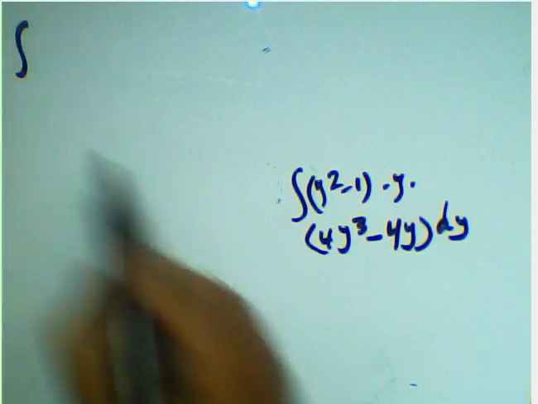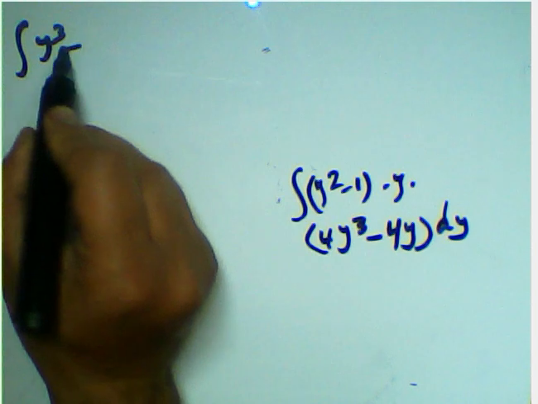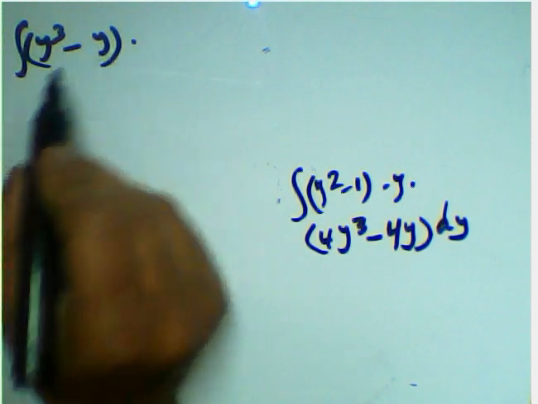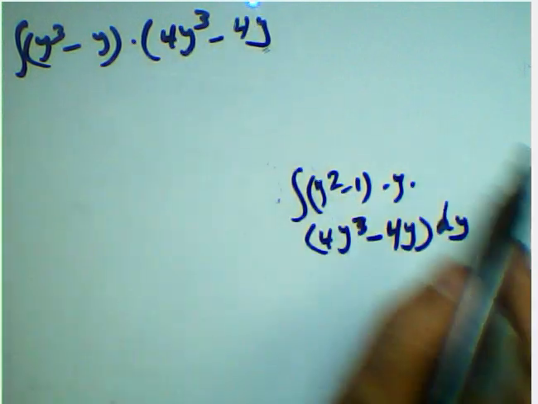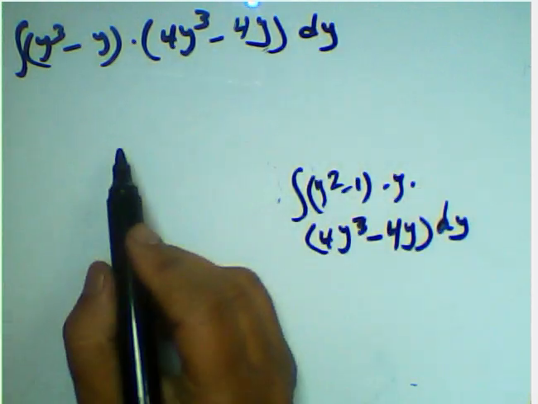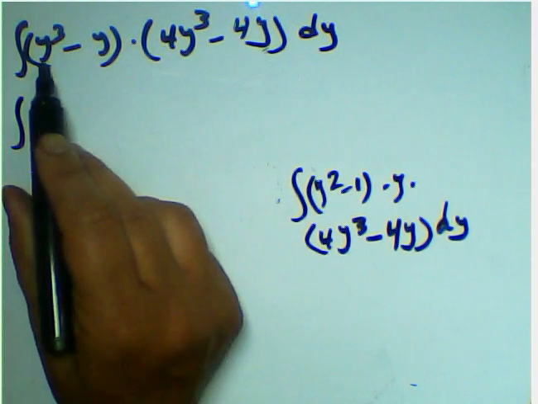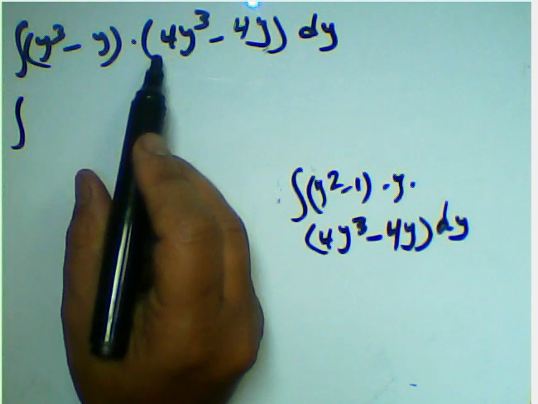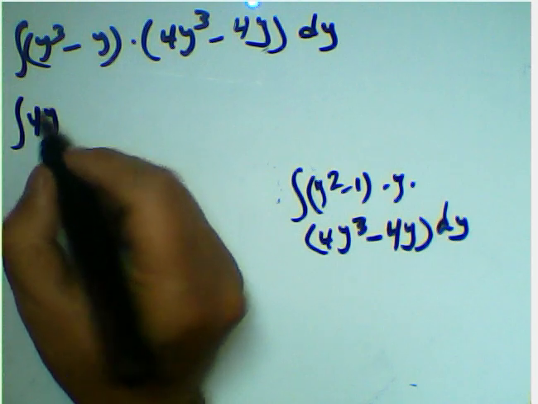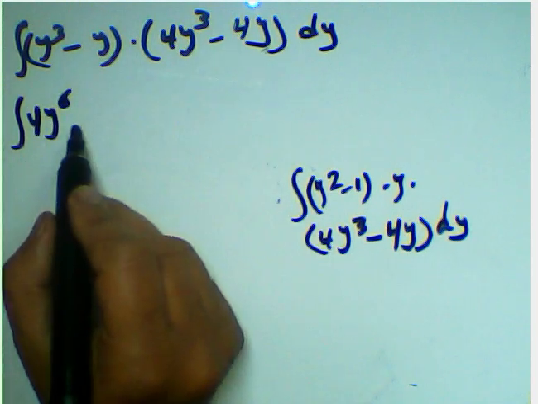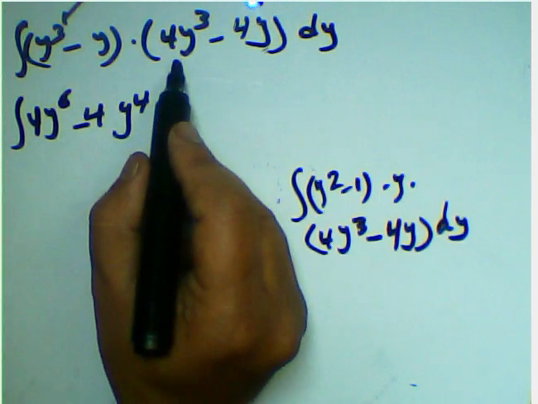integration here, y power 2 minus 1 equals y power 3 minus y multiplied by 4y power 3 minus 4y dy, and we can use the distributive property here, y power 3 times this function, it will be 4y power 6 and negative 4y power 4.